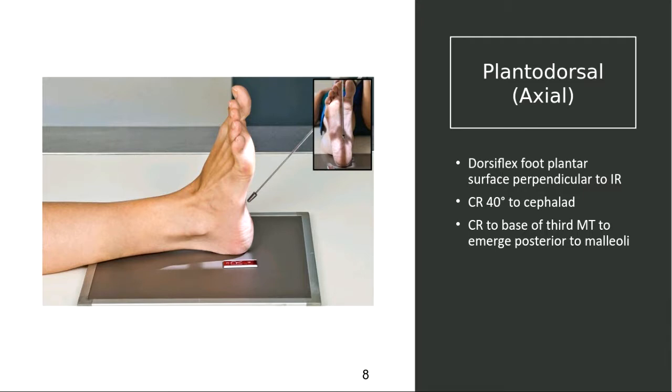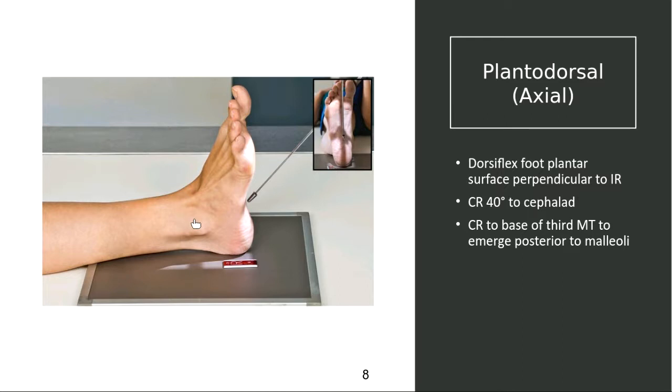Now, when I say perpendicular to the IR, what I'm trying to tell you is you want this surface right here of the foot to be perpendicular to this image receptor. So here's your IR, here's the surface of the foot, and you want it as close to perpendicular as you can. Okay. The central ray is 40 degrees cephalic, or 40 degrees towards the ankle, towards the heel.